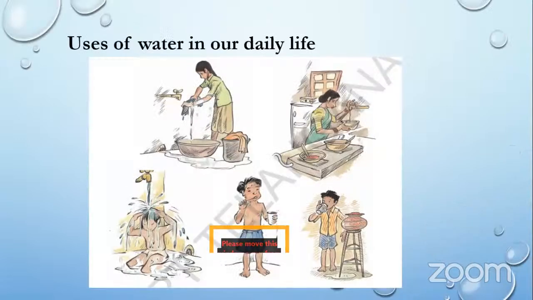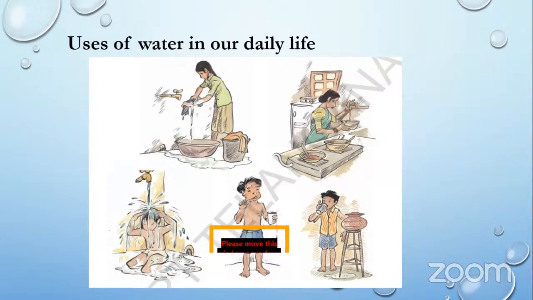We use water for many purposes in our daily life. You already know we use water for washing clothes. So this picture you have in your 6th class textbook, no? You know water is used in many ways for our daily needs and also for growing crops and other things.